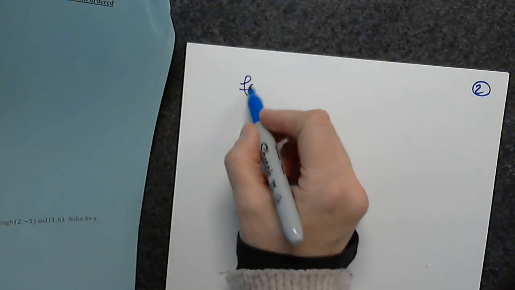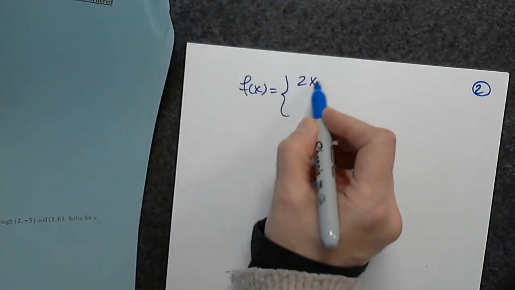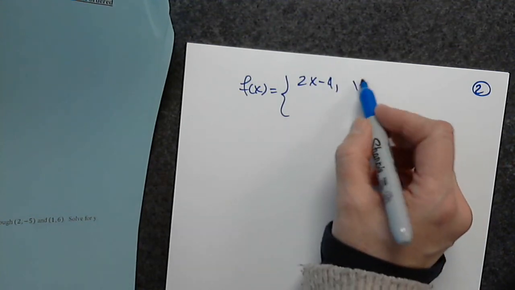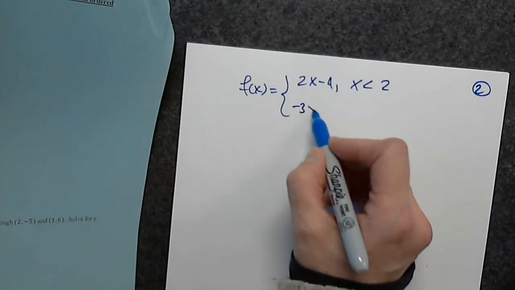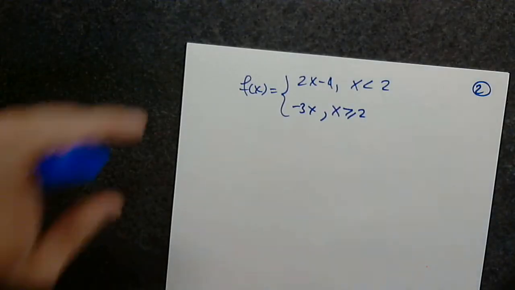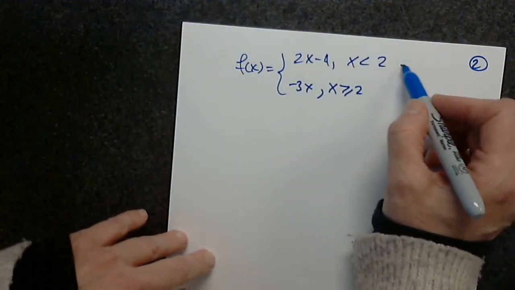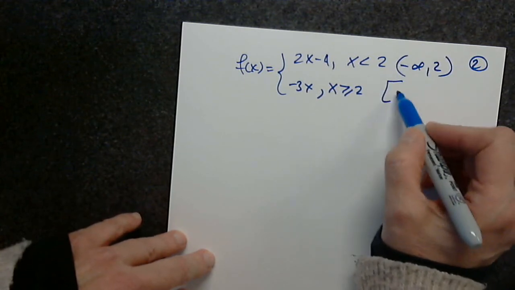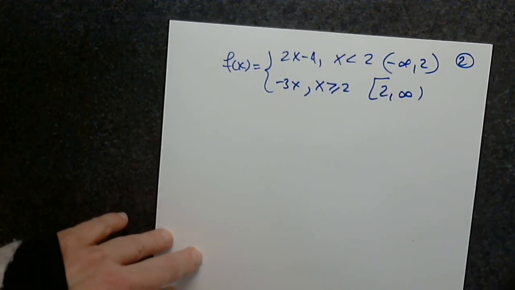Bernie, did you have the blue form or the white form? Okay, perfect. So we have f of x equals 2x minus 4 for x less than 2, and negative 3x for x greater than or equal to 2. Okay, so first of all, the domain: negative infinity to 2 and 2 to infinity.